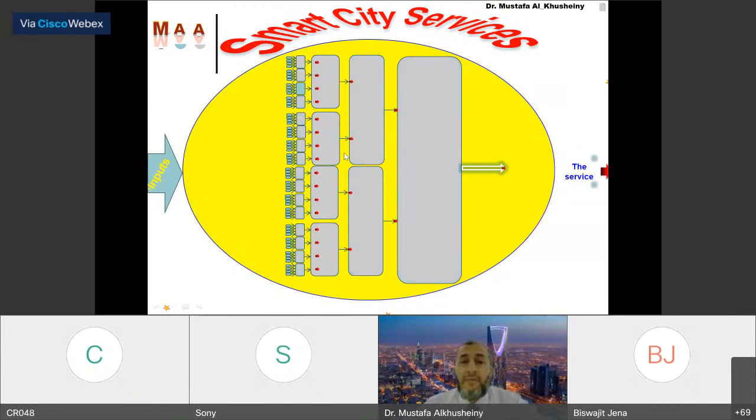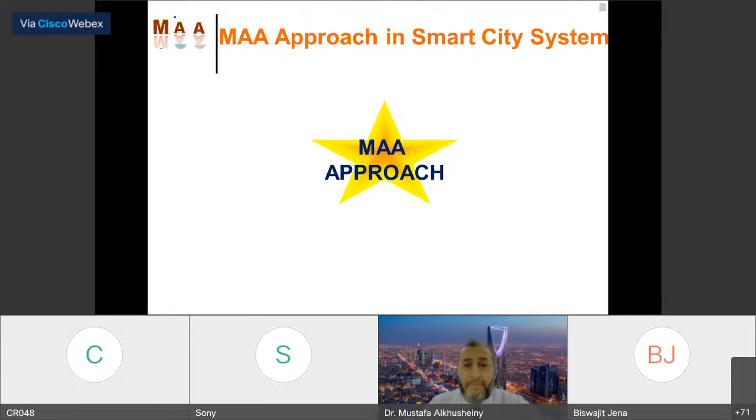This approach with the smart city: if we apply this approach to all the services related to the smart city, everything will be monitored and controlled accurately and any defects can be avoided in the shortest time.